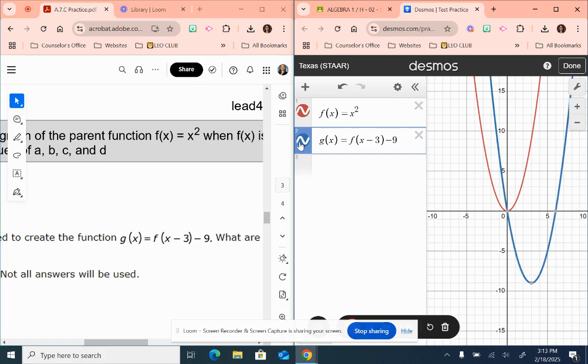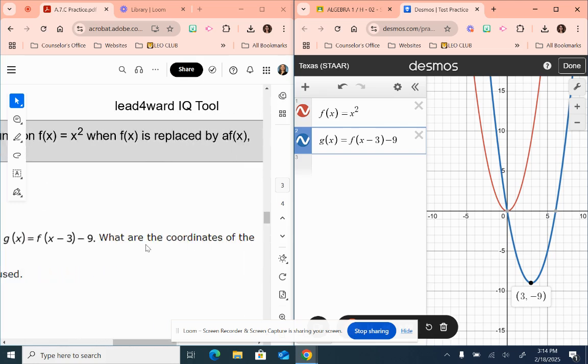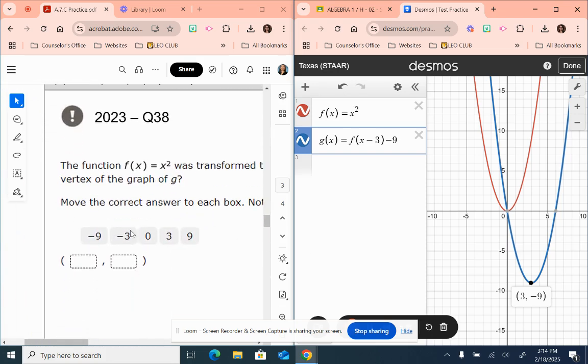But then I click the blue and I can see, it shifted to the right and it shifted down. I have a vertex of 3, -9. So whenever I read the rest of the question, it asks, what are the coordinates of the vertex of the graph of g? And the answer is 3, -9. And that's just simply by using your Desmos calculator.